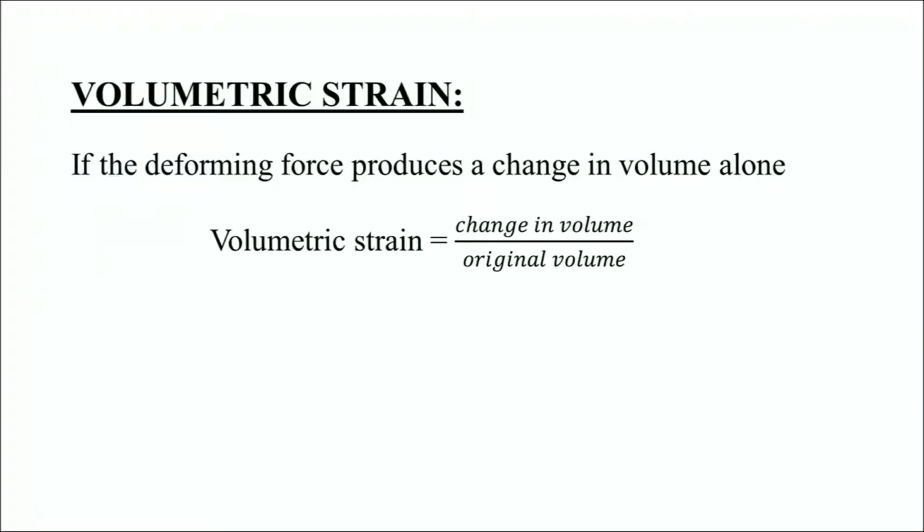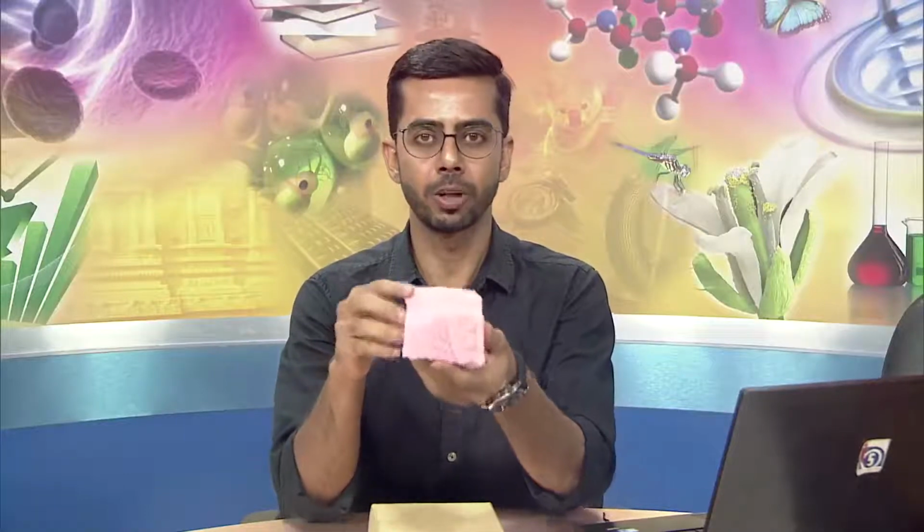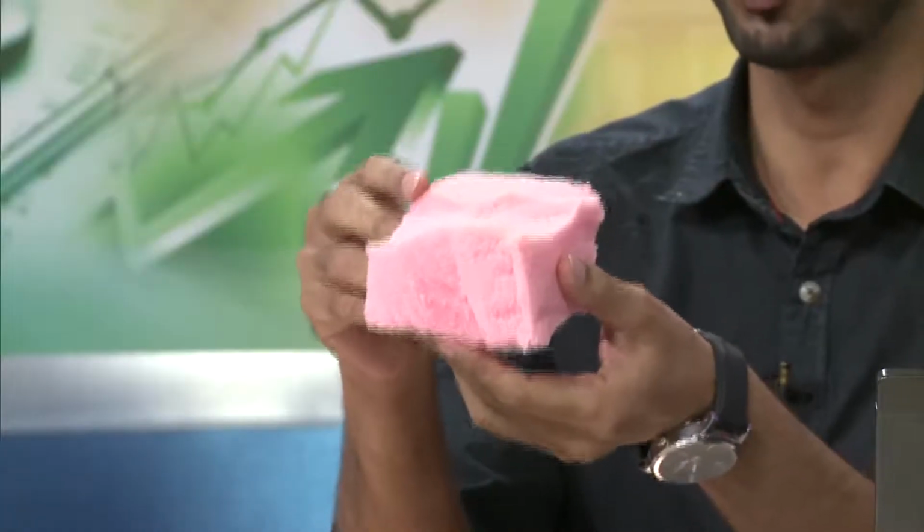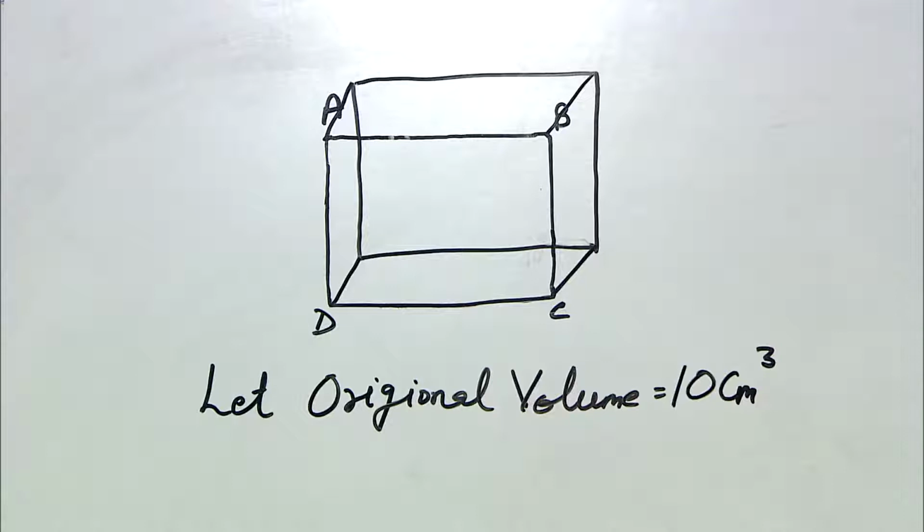The second type of strain is the volumetric strain, which states that the deforming force produces a change in the volume alone, and we already know that volume is a three-dimensional quantity. Therefore, we can take the example of a sponge. As we can see, the sponge has an original volume. Let us again assume it to be 10 centimeter cube.